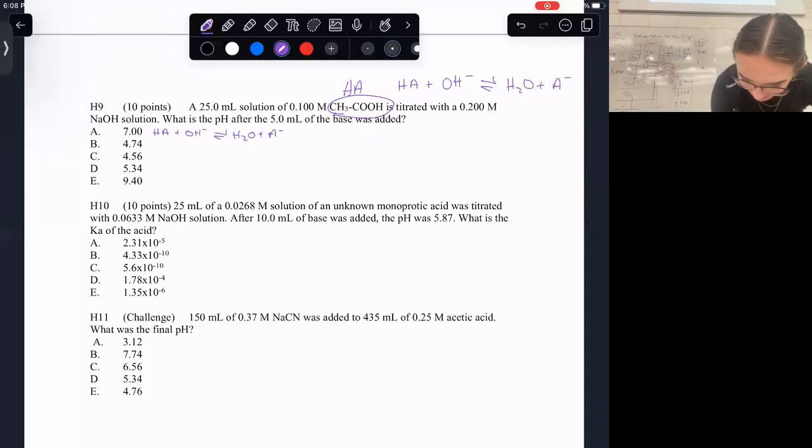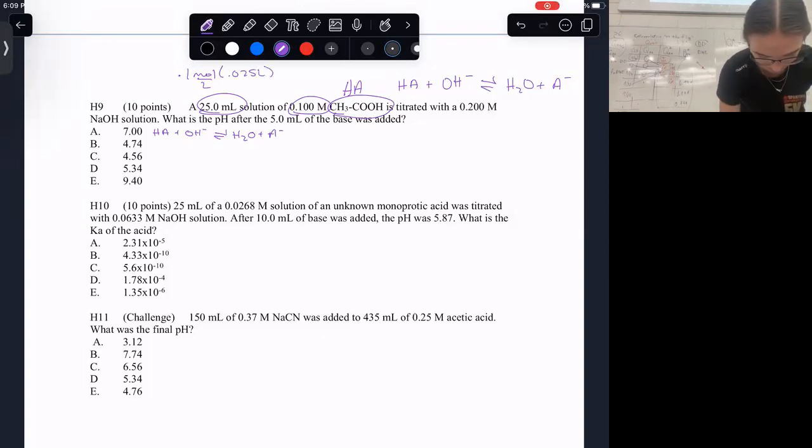Yep, we can take our volume and our concentration, and we know that we have 0.1 moles per liter times 0.025 liters, and we end up with 0.0025 moles of weak acid.